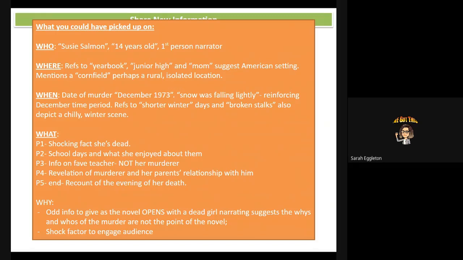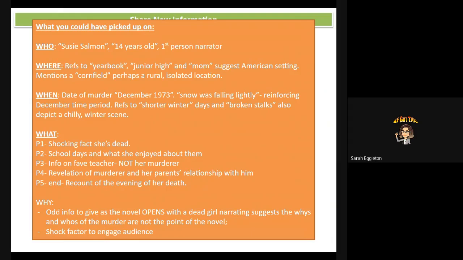Why does she tell us about her parents' relationship with the murderer before she tells us about the evening she was killed? I think it's because she wants us to understand why she trusted him, because she knew her parents knew him, so she thought he was a safe man.